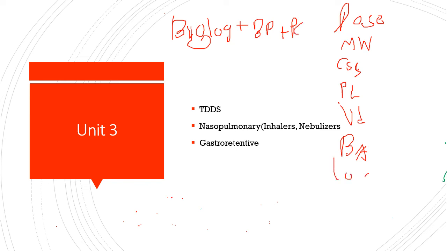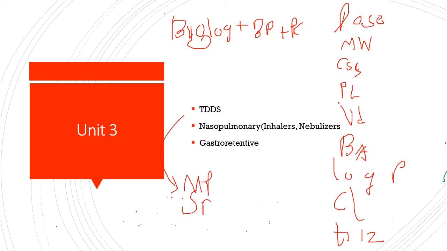Partition coefficient, which is the log P, dose, molecular weight, steady state concentration, bioavailability, clearance, half-life, protein binding. These are a few of the important factors. When it comes to transdermal, you need to know the melting point and the skin penetration coefficient. And for gastrointestinal, you need to know the density, shape and size.